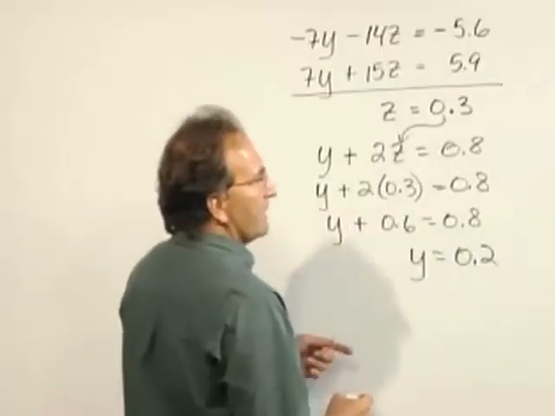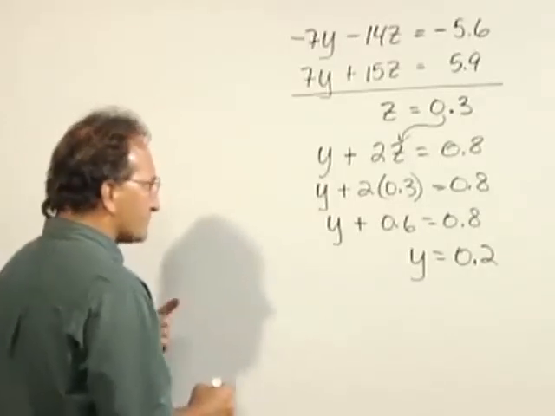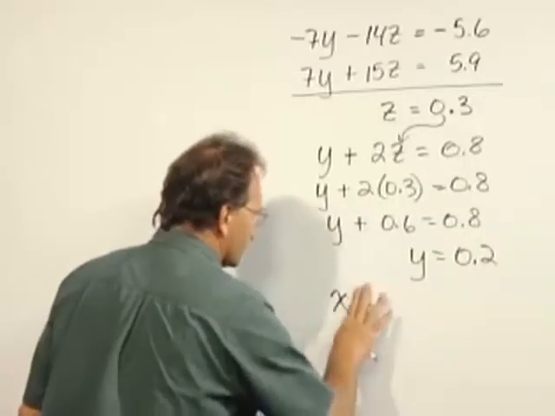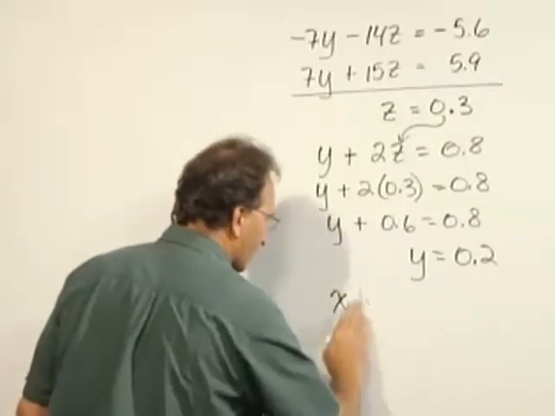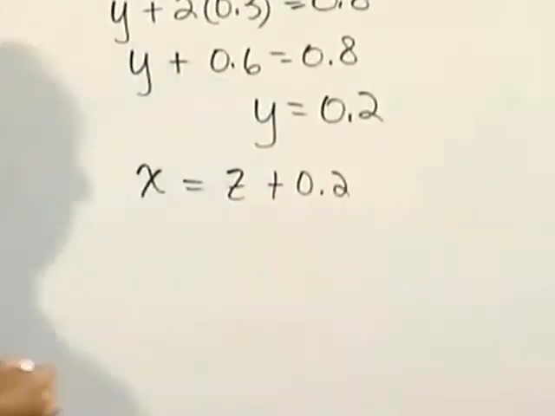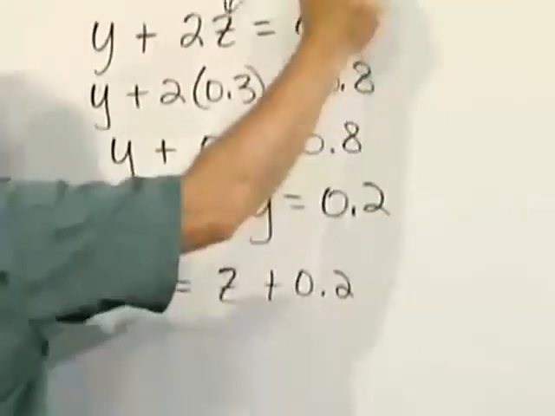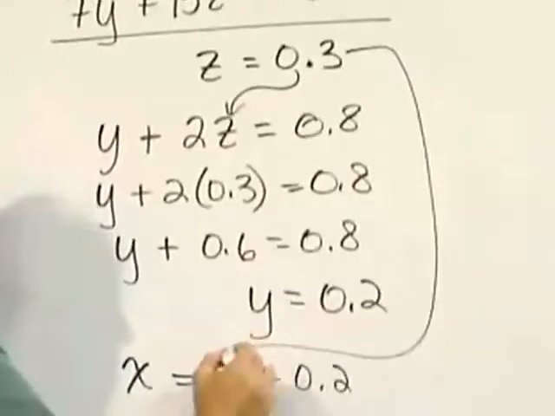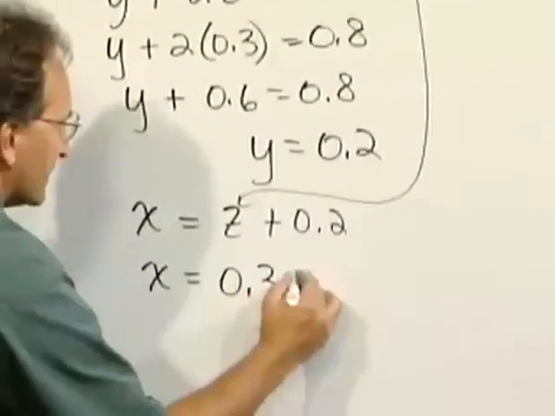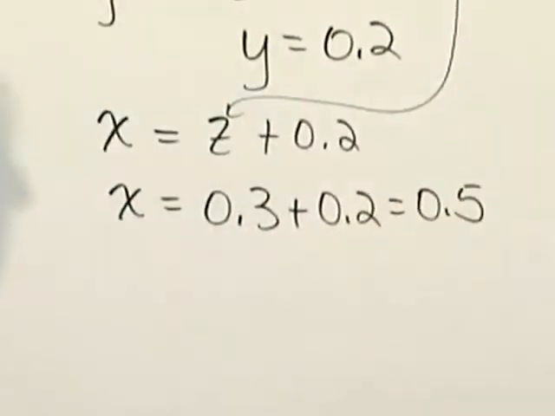Now I want to find the value of x. I can find the value of x by taking the original equation x equals z plus 0.2. And I can substitute the fact that z up here is equal to 3/10. So x is equal to 3/10 plus 2/10, or in other words, 5/10.